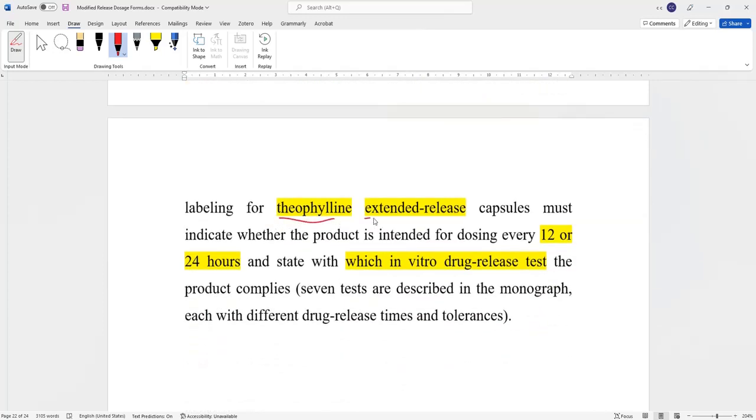Theophylline must be stated as extended release. But in addition to that, it has to say extended release every 12 hours or 24 hours, which one, and which in vitro drug release test applies too. So it should state extended release 12 hours or 24, and which in vitro release test should apply, because there are 7 different tests available.